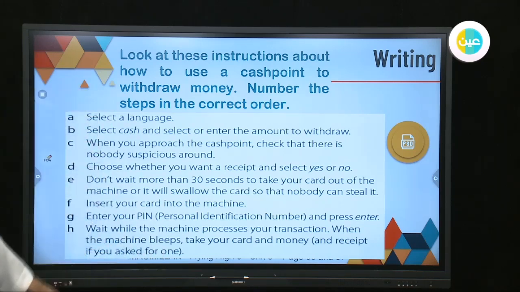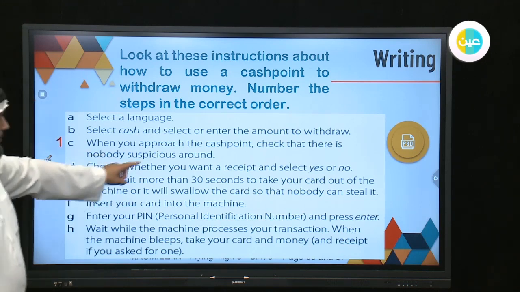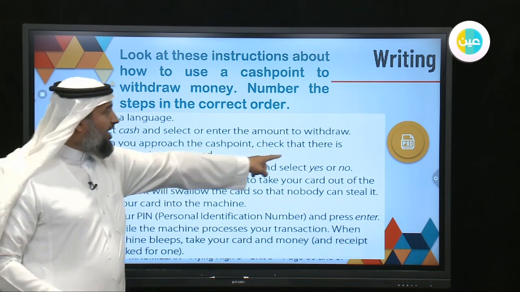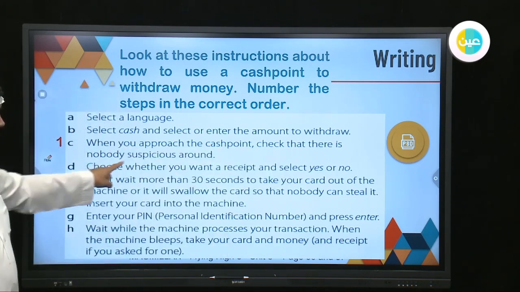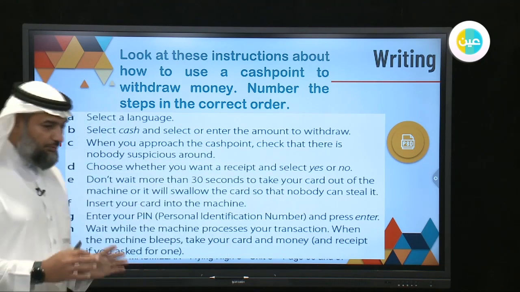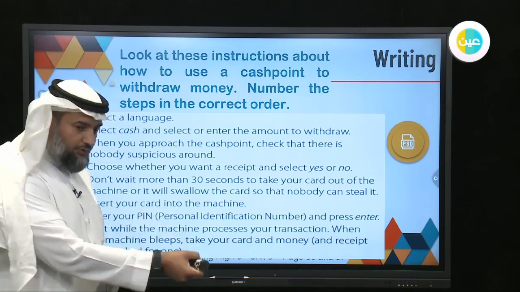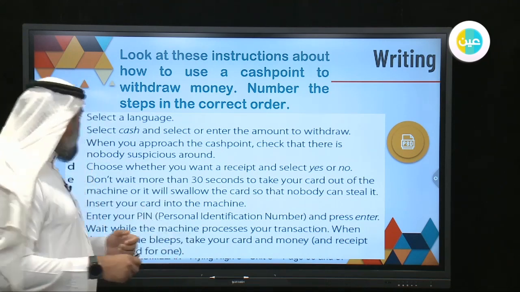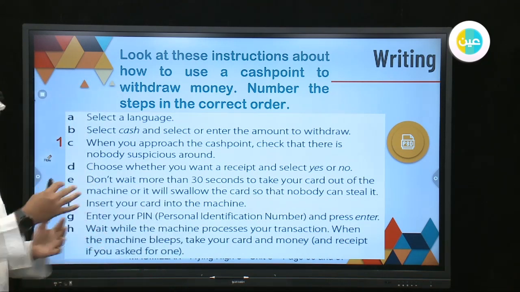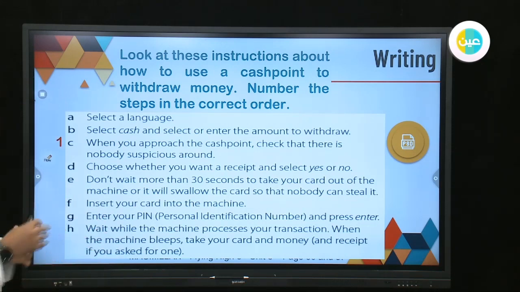Now if you read them all, you see one is C. When you approach the cash point, check that there is nobody suspicious around you. Before you go to a cash point or before you put your card in, you should look around because some people will jump you.